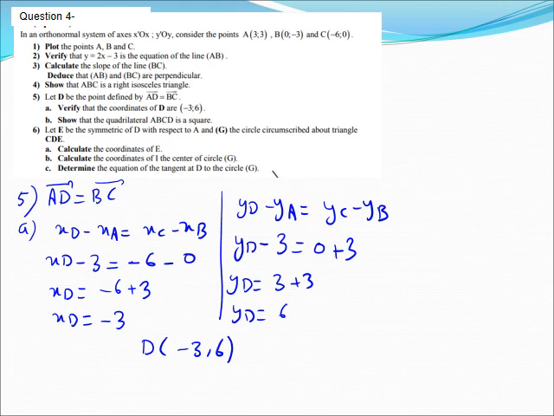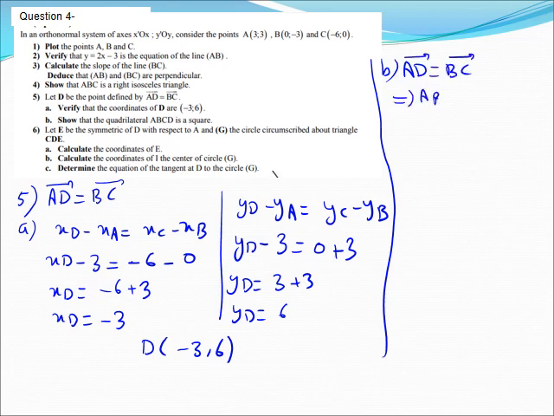B. Show that quadrilateral ABCD is a square. AD equal BC, so ABCD is a parallelogram, since vector AD equal vector BC means AD equal BC and AD parallel to BC.